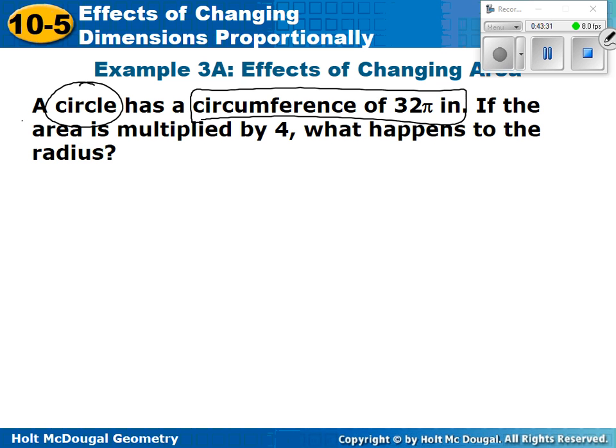If the area is multiplied by 4, so this time they're giving us what happens to the area, and they want us to go backwards and figure out what happened to the radius. Are you guys with me that that's what they're asking? So look back at your chart.